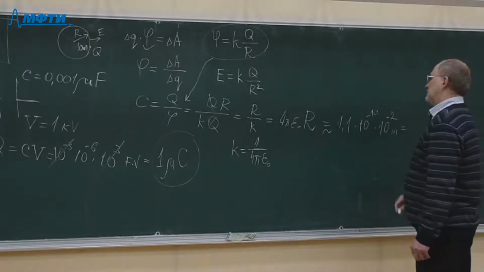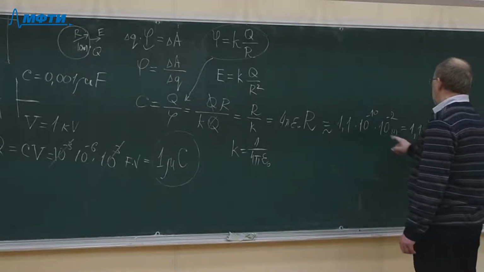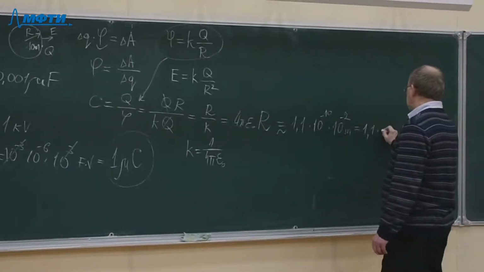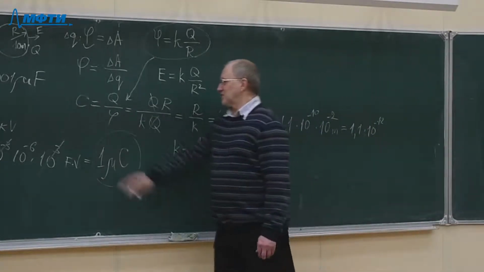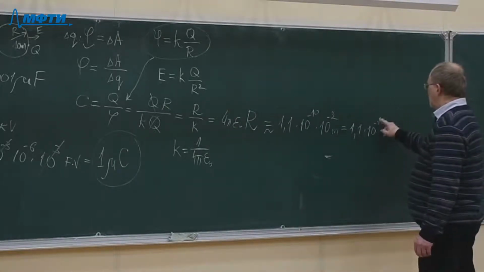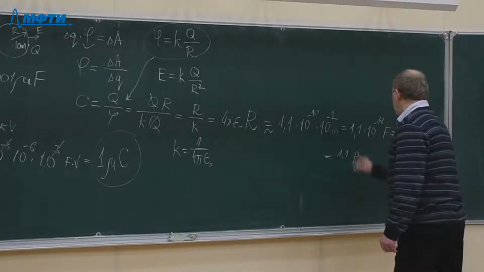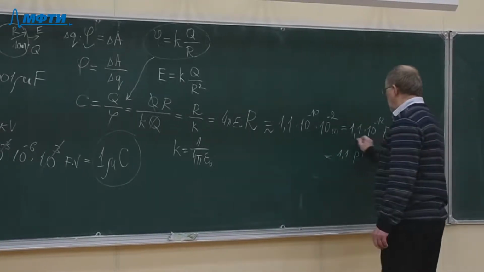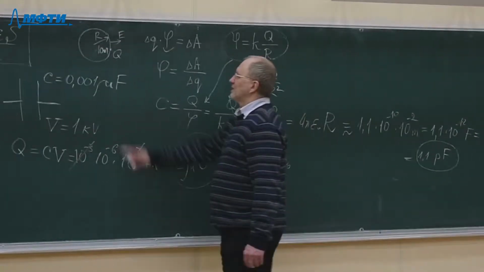And so that will give us in the international system of units 1.1 times 10 to the power of minus 10 and minus 2, which gives minus 12 power. Capacitance is measured in farads, so this is 1.1 picofarads. Such will be a very small capacitance of a sphere having a radius of 1 centimeter.